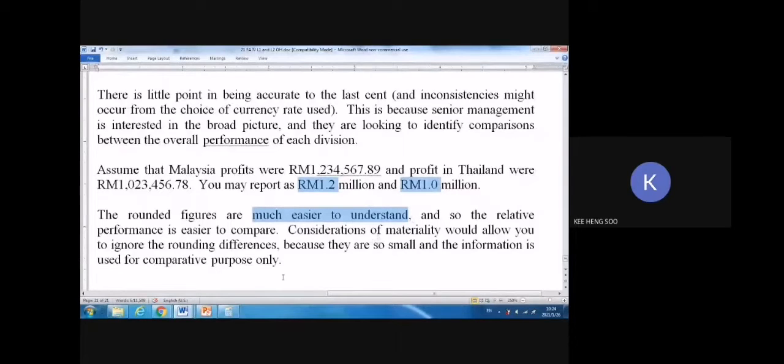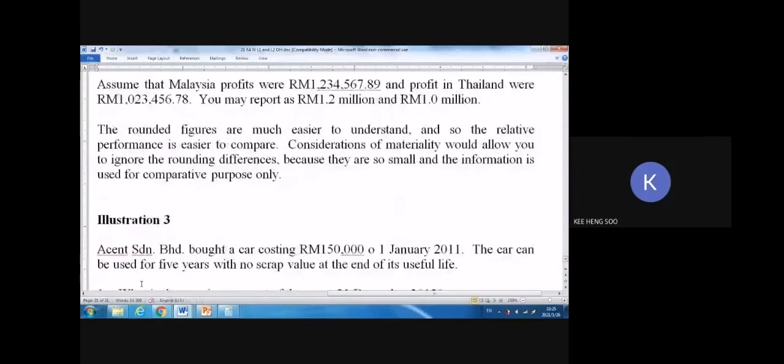So the materiality concept allows you to ignore the rounding difference, because they are so small and the information is used for comparative purposes. As long as you get 1.2 and 1, you know that Malaysia is better than Thailand already. It already hits the objective. So the materiality concept allows you to just ignore the rounding difference.